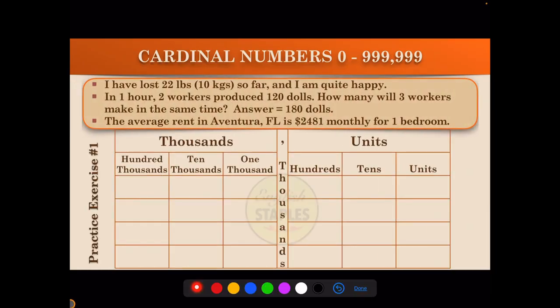Okay, let's do our first practice exercise. Practice exercise 1, these numbers. So I'm underlining in purple. I want you to chart these numbers. You can pause the video, chart the numbers, and then when you're finished, you can turn the video back on to see how I had them charted.